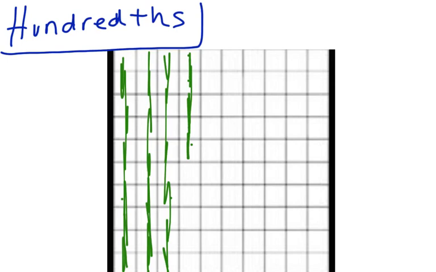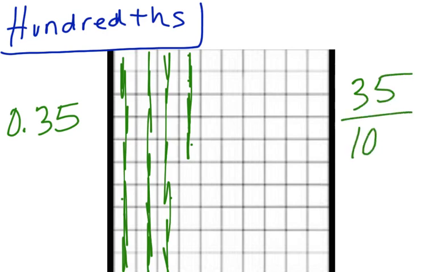I shaded in 35 hundredths, because that is the same thing as I shaded in 35 of 100 squares. Or I can say that I shaded in 0.35, because again I shaded in 35 out of the 100 squares.